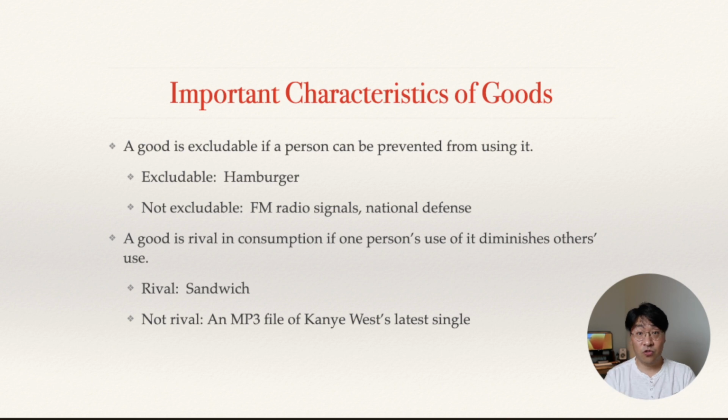So the two characteristics that categorize the four groups of goods are rivalry and excludability. Excludability relates to pricing: price can exclude somebody who does or does not pay. Rivalry means that if somebody takes it, the total amount is less by the consumed amount.